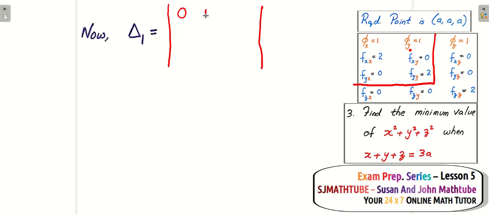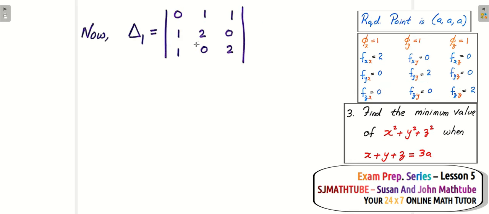And then you put 1, 1, 1, 1, the values which I got here. And then 2, 0, 0, 2. Use a calculator, evaluate it. Okay, this 4 has nothing to do, but this negative is important, so it's basically less than 0.